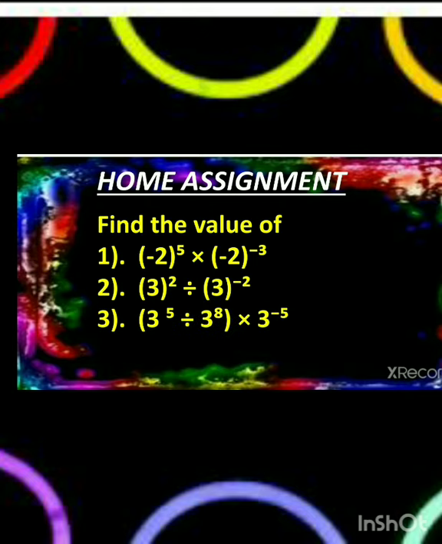Then third problem, 3 power 5 divided by 3 power 8 into 3 power minus 5. Then minus 3 the whole power 4 into 5 by 3 the whole power 4. First problem product rule, second problem quotient rule, third problem product and quotient rule, and fourth problem power rule and the product rule.